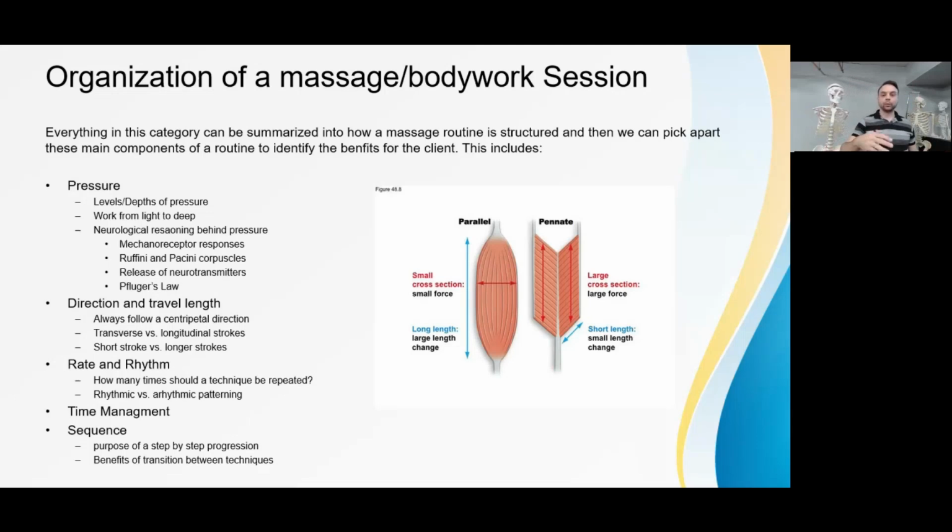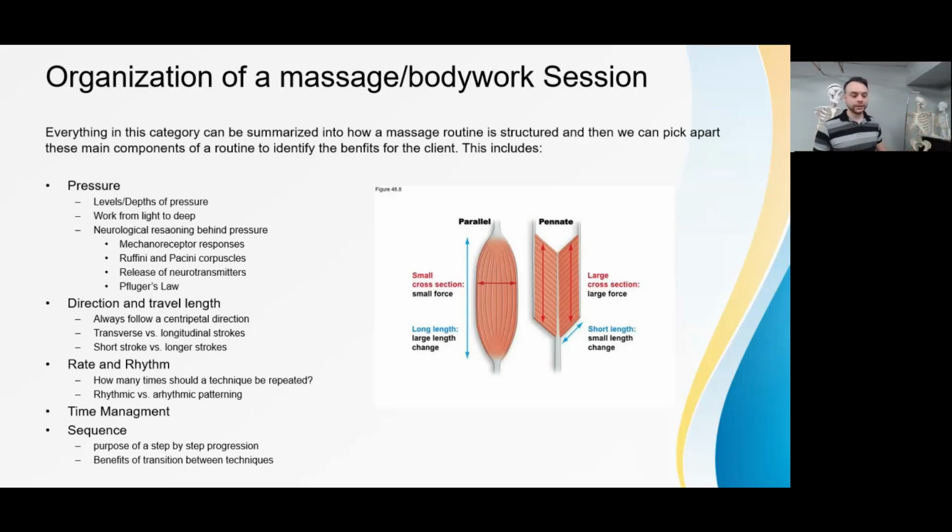We call this kind of like with the grain, right? So we're literally traveling in the same direction that the muscle fibers run. Then, of course, we can do cross fiber, or what's called transverse. Transverse means cross, so we typically call that cross fiber strokes or cross fiber direction. So in this case, going across the bands, or across the muscle fibers themselves.